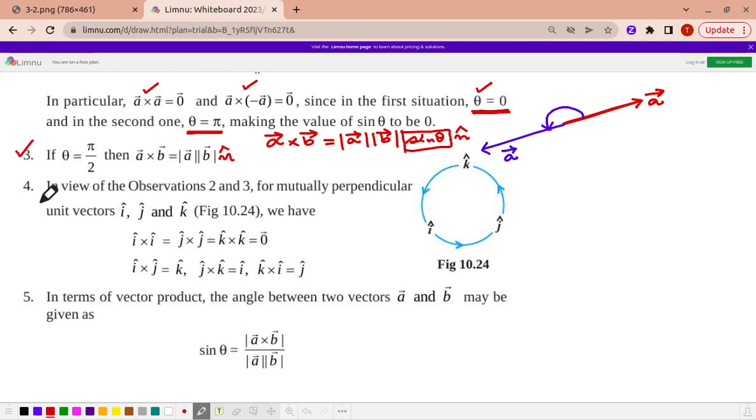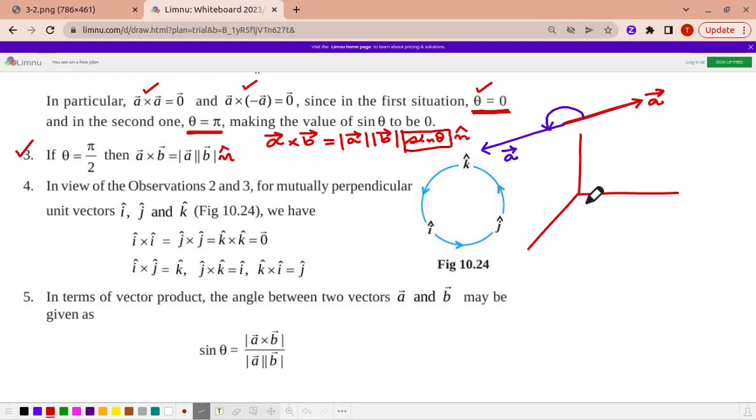Fourth point, a very important one. If you recall, i cap, j cap and k cap, these three are the mutually perpendicular unit vectors. i cap represents a unit vector along the x axis, j cap represents a unit vector along the y axis, and k cap represents the unit vector along the z axis. Let me draw first and then I will explain.